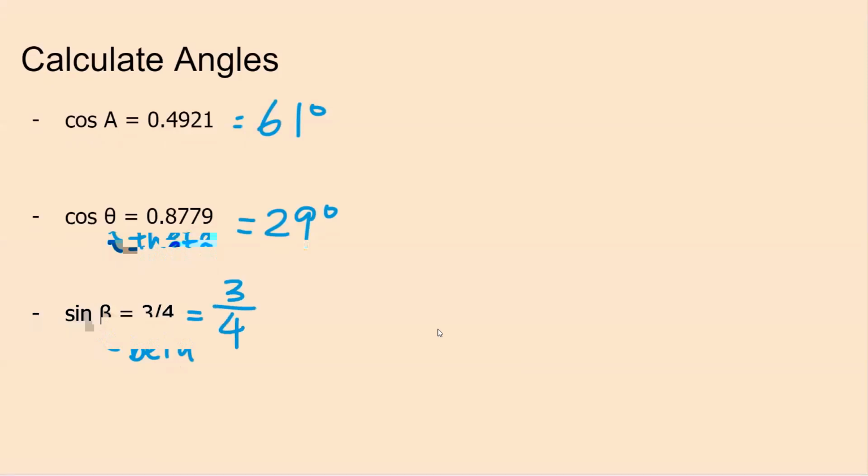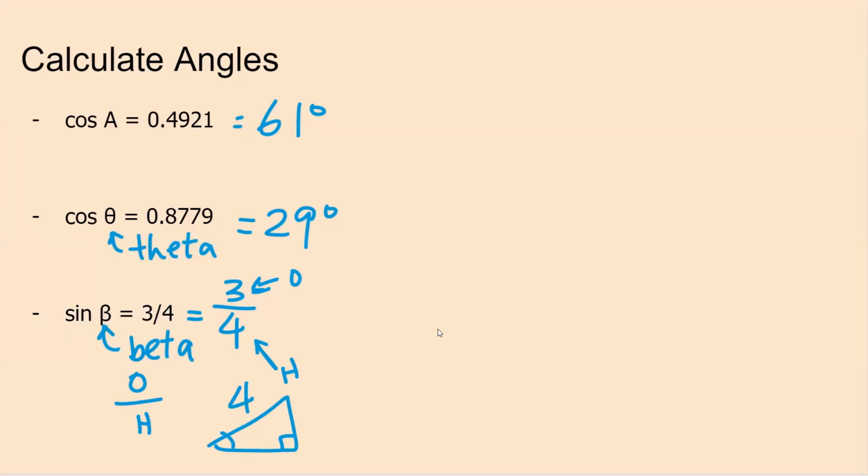Looking at this imaginary triangle, if you remember that sine is opposite over hypotenuse, you would know that this is the length of the opposite side, and this is the length of the hypotenuse. So just from this equation, we can construct a mini right triangle. We know that the hypotenuse is 4, and the opposite is 3.